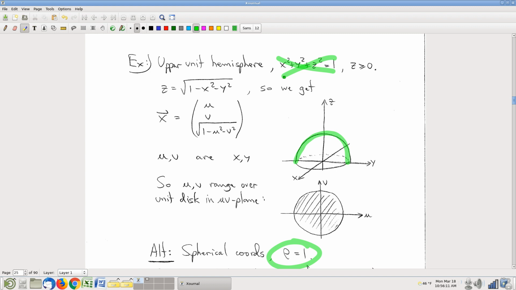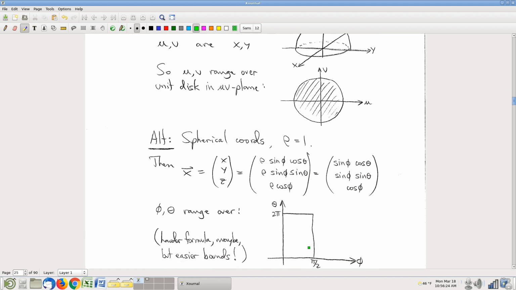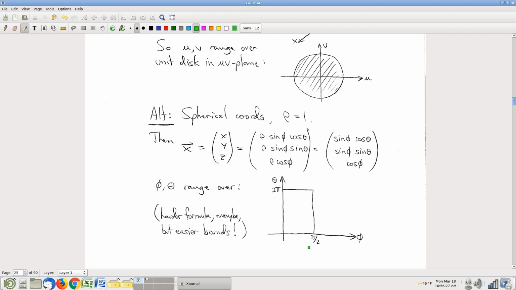Now, what do you do? How do you turn this into a parameterization? You can't just let x equal u, y equal v. That's not what we're doing here. There's no x. Anyway, what's different is you just have to stick in the formula for spherical coordinates. That's how you compute x, y, and z in spherical coordinates, right? And into that, plug in the variable that you have solved for in terms of the others. Okay, so rho equals 1, so stick that in there.